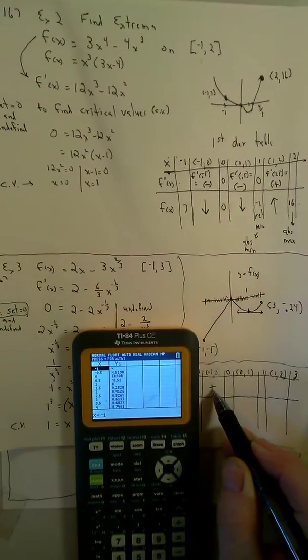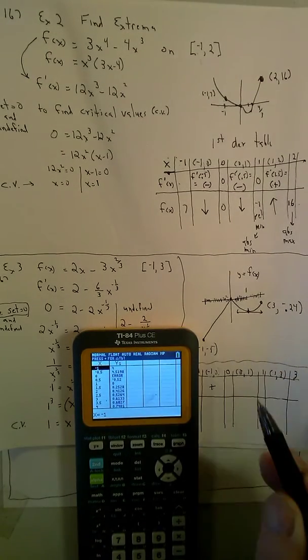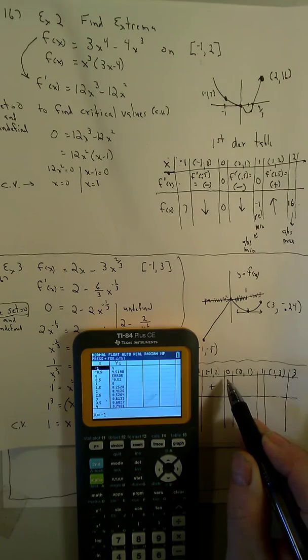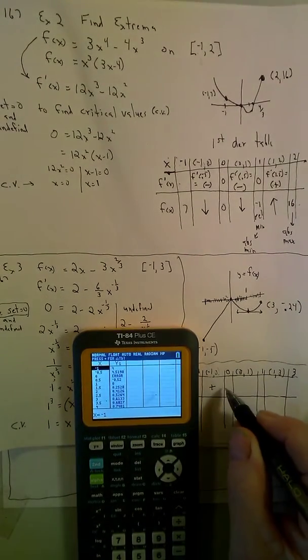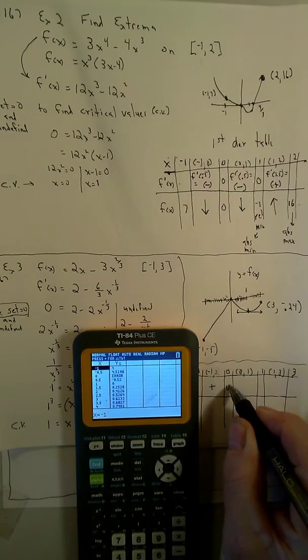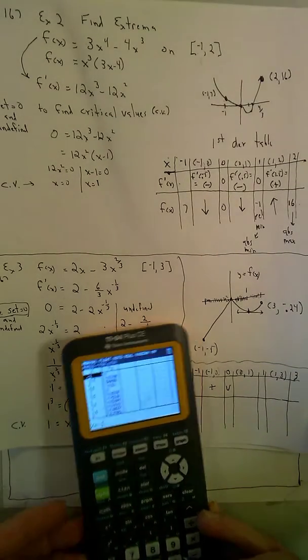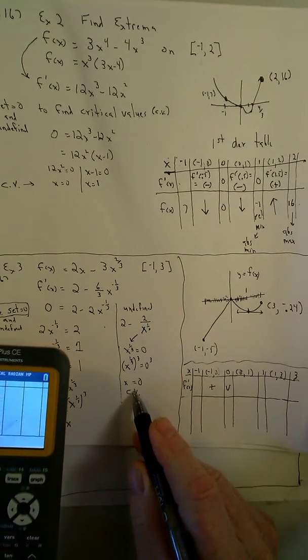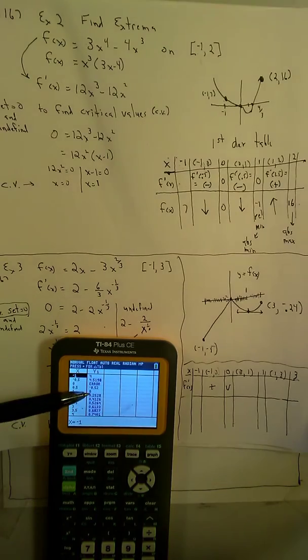Right. Now at 0, the derivative is undefined. Put a u in there. Now the reason I know that is not from the graph, it's from what I did over here. Now between 0 and 1, I get a negative number at 0.5, so they all must be negative.